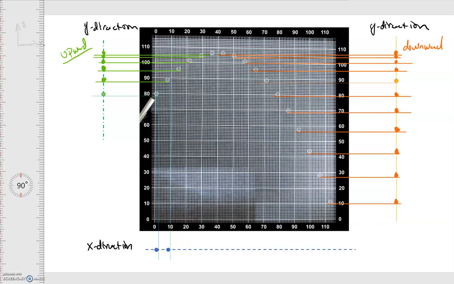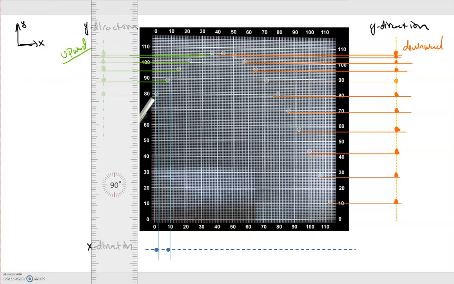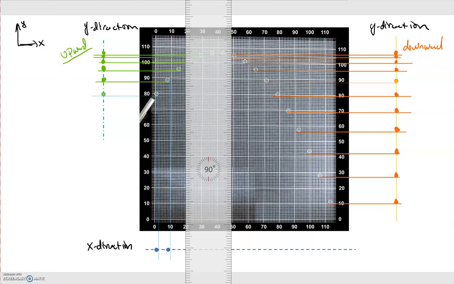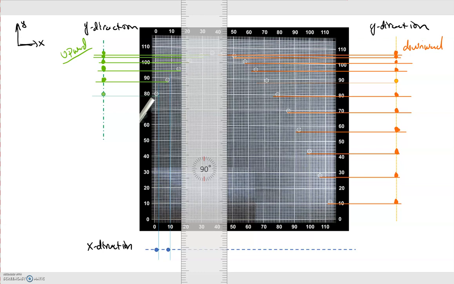Now that we have the downward direction filled in, we're going to move and look at the X direction. And so what you want to do is flip around your ruler so that it's vertical, and then move to the right of the point that you're looking at, and draw your line down to the motion diagram.